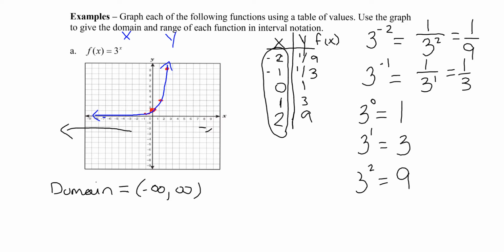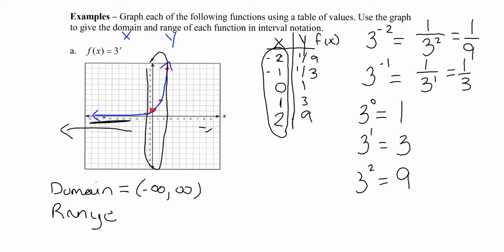Now my range, that's your y-axis. So we're looking here on the y-axis. Our graph for the y values, if you look, because it never crosses over this x-axis, will never go below 0. It will never be 0. So the range is anything above 0. Let me fix that a little bit.